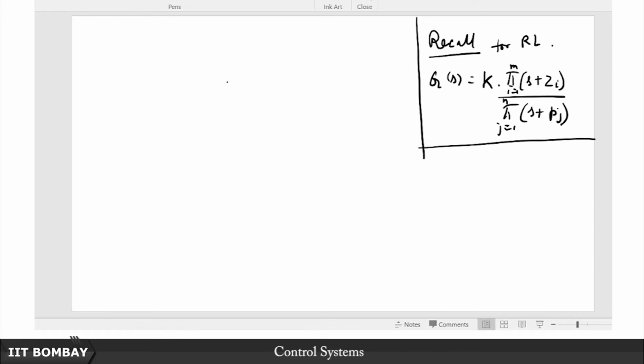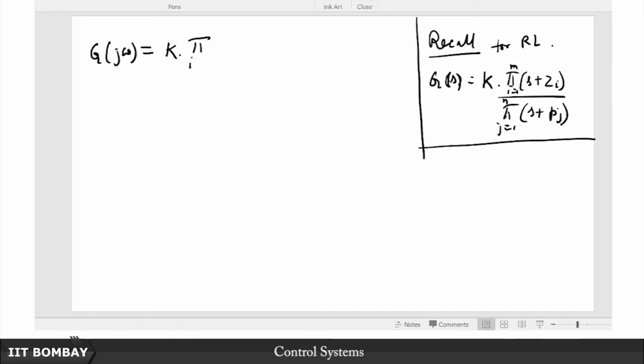Now it turns out that for Bode plots also we want our transfer function to be massaged in a particular form, just that it is not going to be the same form that worked for the root locus. I mean, you can always do this, but we prefer for our Bode plots to set up our transfer function in a particular form. So what is that form? Here is how we will write this transfer function. Our transfer function will have this gain k, but this is not going to be all.